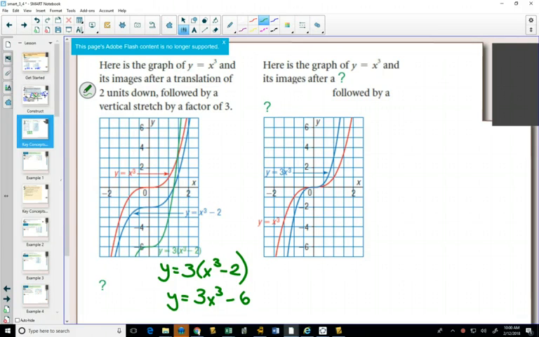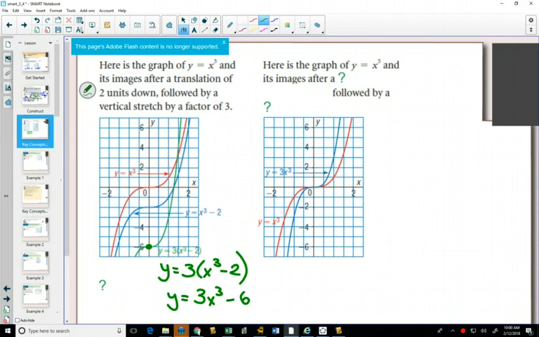So when we graph this, what we would do first is we would do our vertical stretch first by 3, and then move it down 6. Can you see this endpoint being moved down 6 easier now than if it was written the other way?